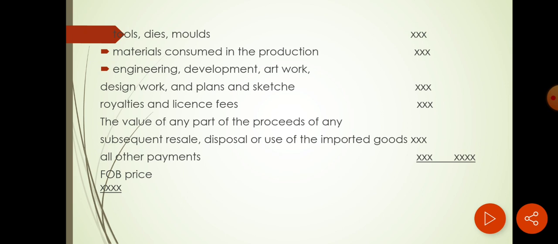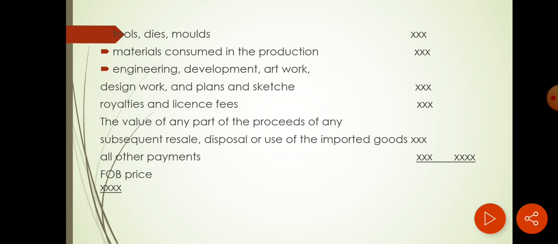Any engineering charges, development work, artistic work, designing charges, plan expenses, and expenses relating to sketches are also to be included. Next, if there are any royalties or license fees incurred, those are also considered part of the import expenses and are to be added.